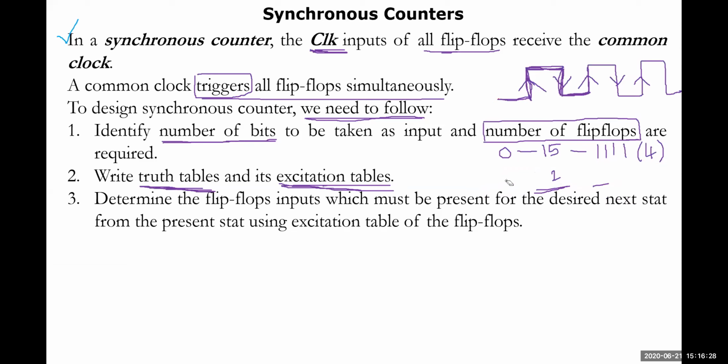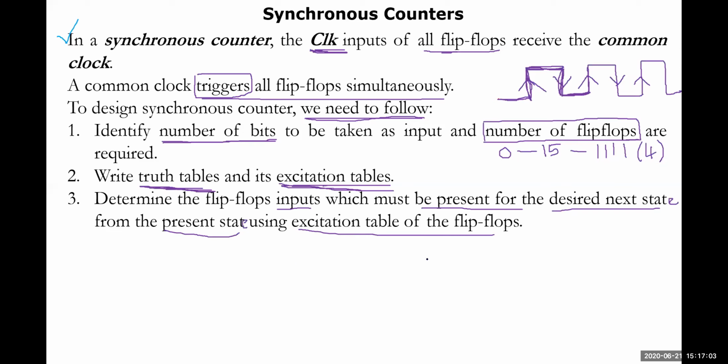Then after taking the excitation table, what is the next step you are supposed to do? Determine the flip-flop inputs that must be presented for the desired next state from the present state using the excitation table. The word state was missed here.